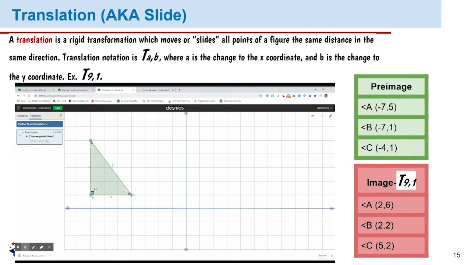It asks that I choose a point from. I'm going to move point A. Where am I moving it to? Let's choose this point here. Then I'm going to select the triangle that I wish to move, and apply.